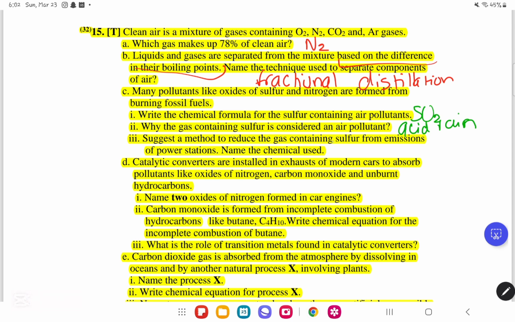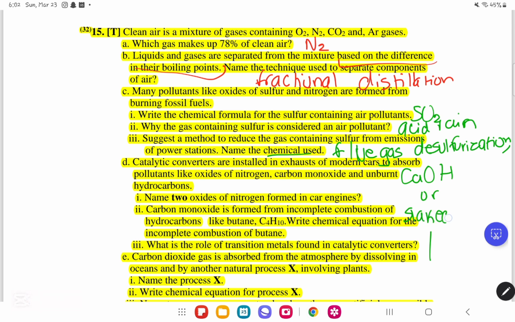Here we learned this. Here we use the flue gas desulfurization. So in the flue gas desulfurization, we use the chemical that is either calcium hydroxide, so it's either CaOH, or it is slaked lime.